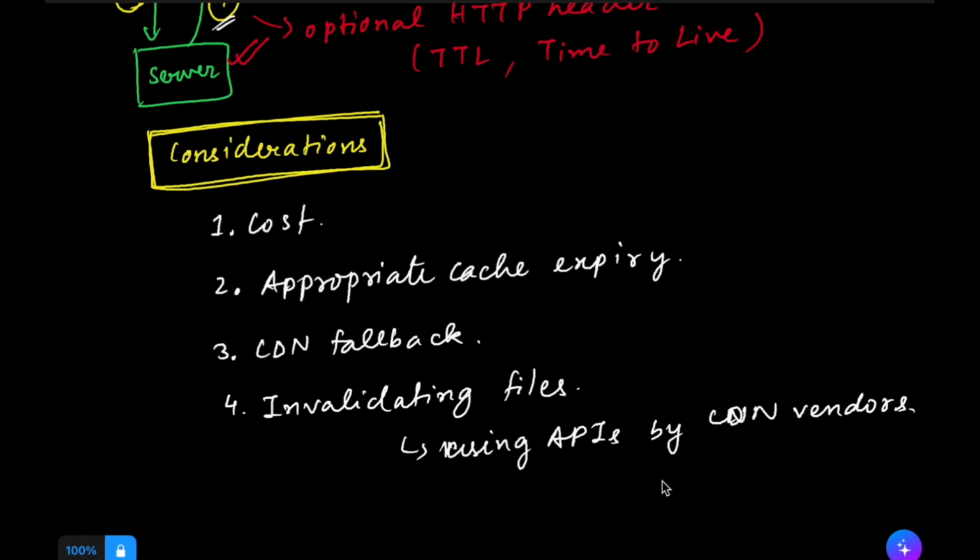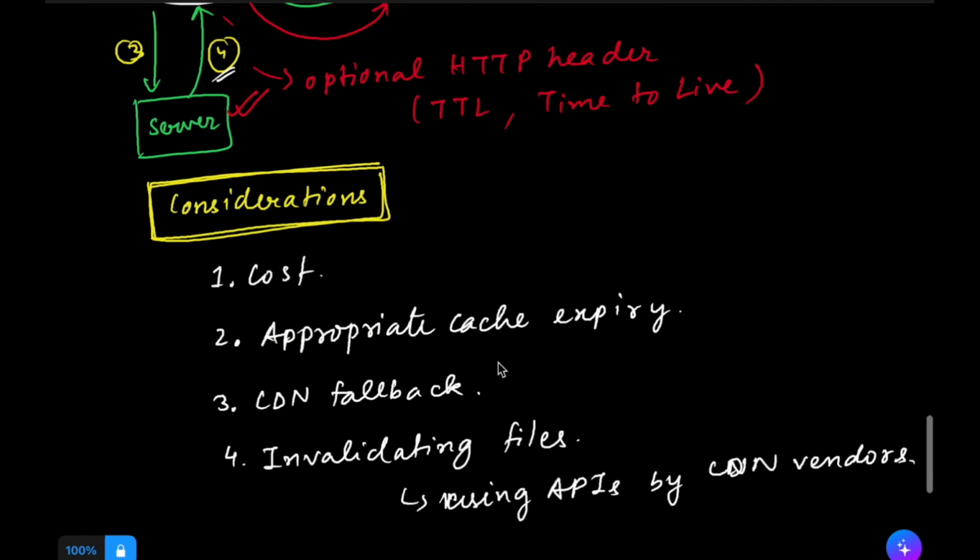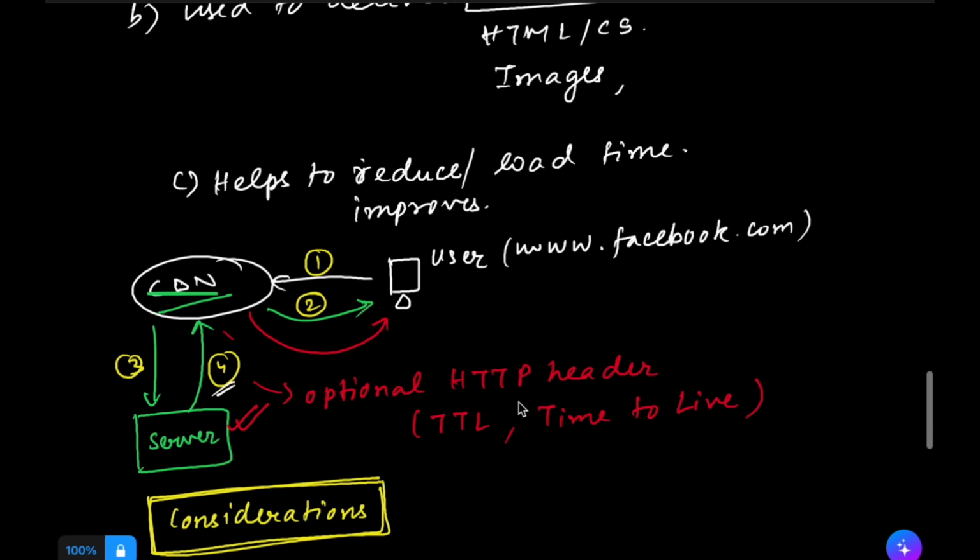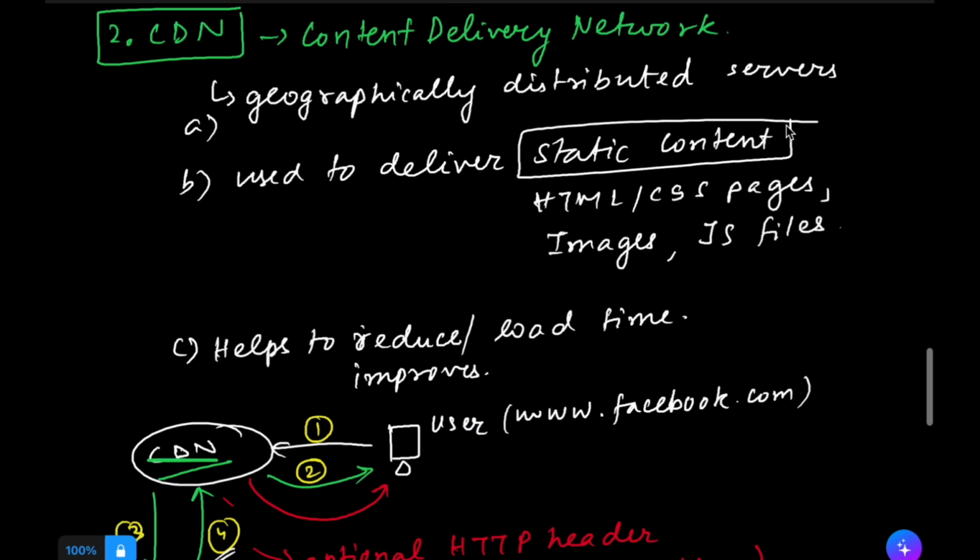So these are some of the considerations we need to take care of for CDNs. CDNs are a content delivery network, geographically distributed, to deliver static contents.